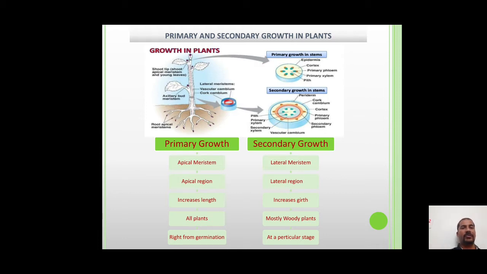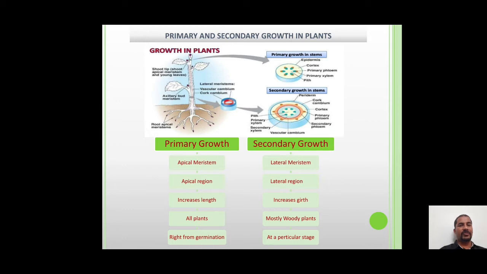The primary growth can be observed in the apical region of the plant, while the secondary growth is observed in the lateral region of the plant. That means the lateral side of root and stem shows the secondary growth.